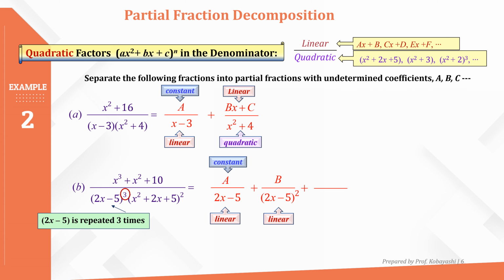The third one is C over bracket 2x minus 5 cubed. Since the power is 3, we are done with this part.